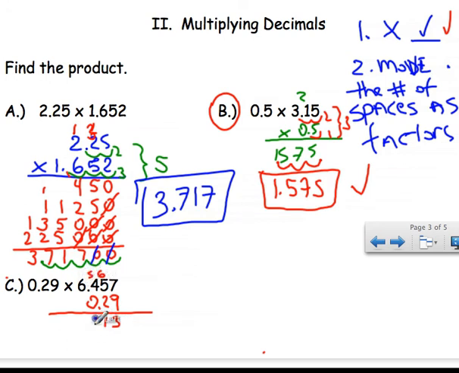Plus 5 is 41. 6 times 9 is 54. Plus 8 is 58. Skip 1 spot. 2 times 7 is 14. 2 times 5 is 10, plus 1 is 11. 2 times 4 is 8, plus 1 is 9. And 2 times 6 is 12.